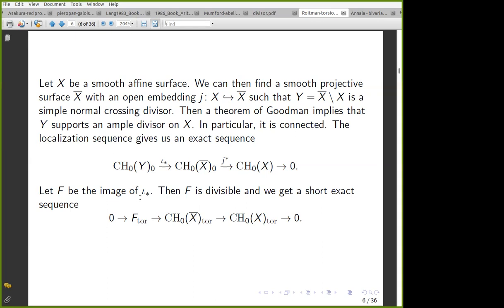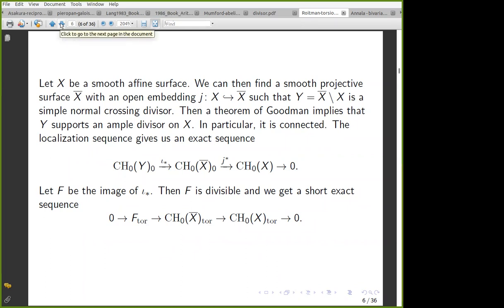Remember that it's not hard to see that the Chow group of degree 0 cycles is always a divisible group, because you can always reduce to the case of curves, and for curves it is a Jacobian variety, which is clearly divisible. So F is divisible, in particular it's injective as a module, so you get an exact sequence which actually splits because this is injective as an abelian group.